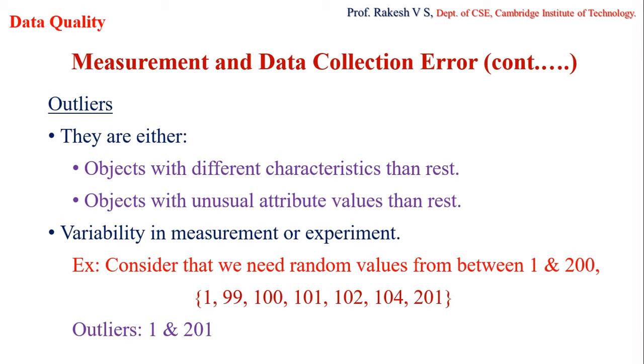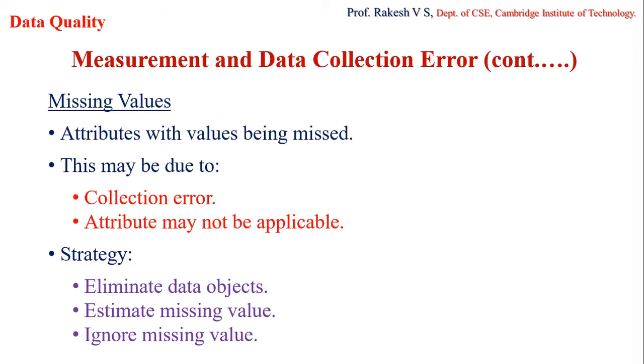Okay, so next, let's move on. Let's take a look at how a missing value becomes an error. When we consider a large data set, it is obvious that one or more values of an attribute may be missed. This may be because the information was not collected, or because a particular attribute may not be applicable to all the objects.